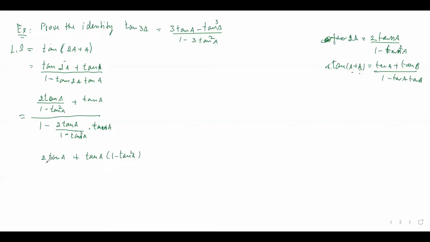Okay, and then over this is the numerator. So you're going to have this denominator, 1 minus tan squared A. We have the denominator here, 1 minus tan squared A. Then this divided, okay, this one we work on the top here.